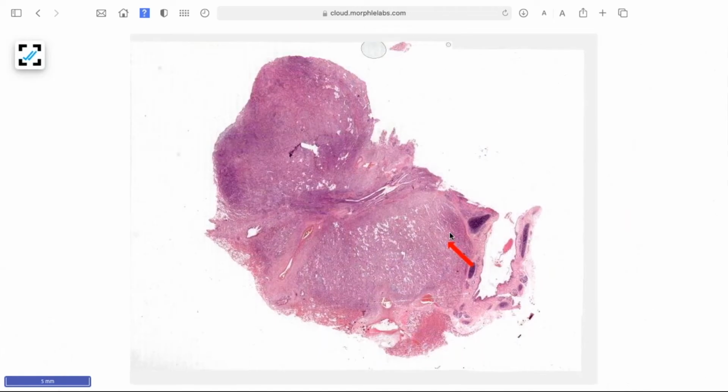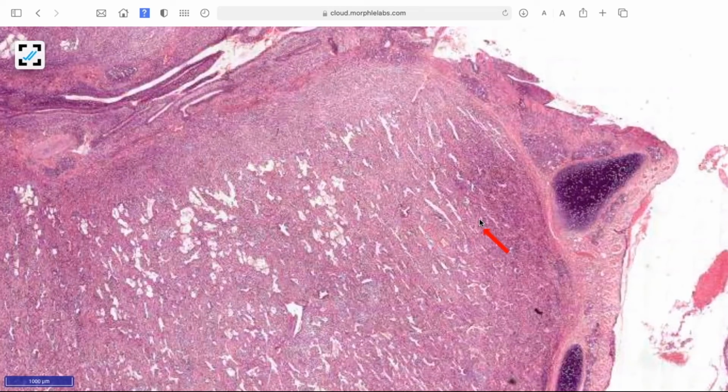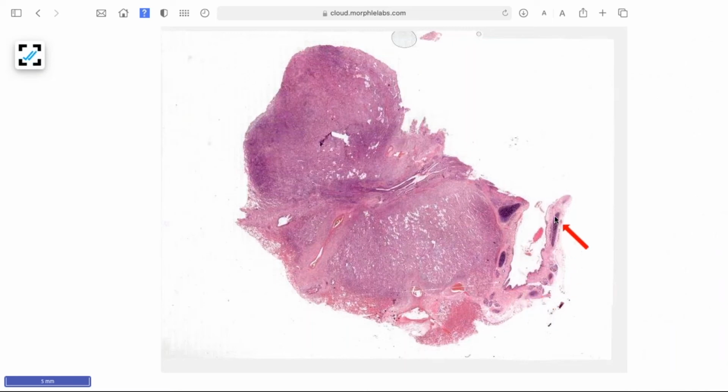So this is a section taken from near the bronchi, and you can see the lobulated lesion. Now we are coming to pattern 5. Hereafter, it's only pattern 5. For pattern 1, I don't have a slide. For pattern 2, I had UIP.